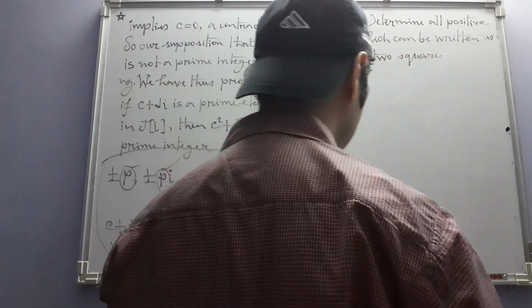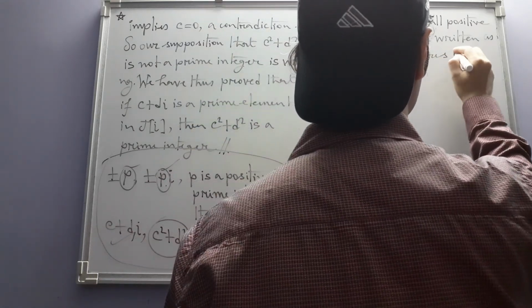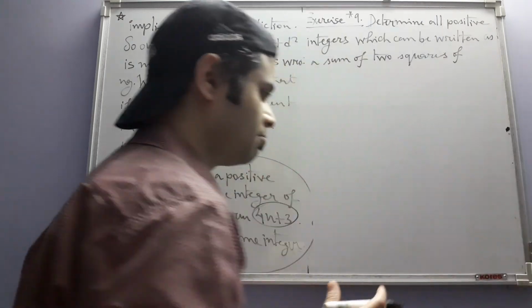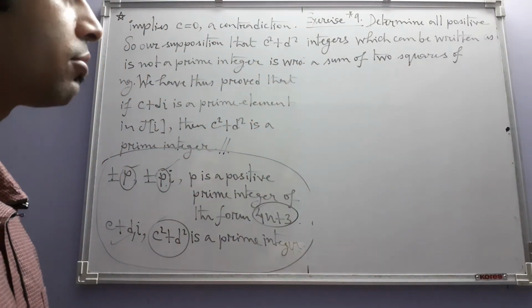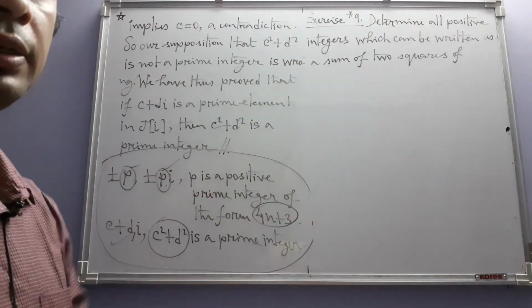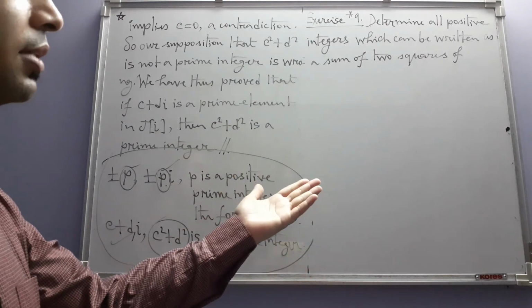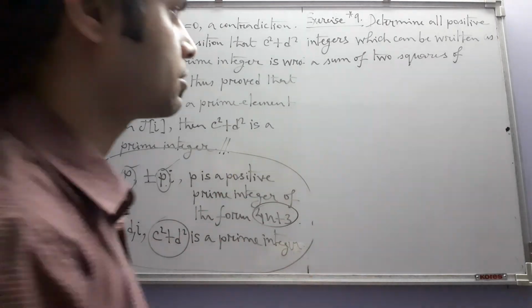So here we are not concerned about just primes being representable as a sum of two squares, but all integers, whether a given positive integer can be written as a sum of two squares.